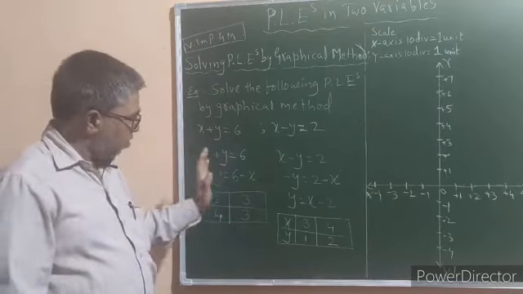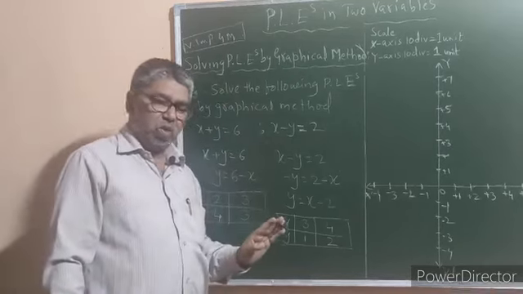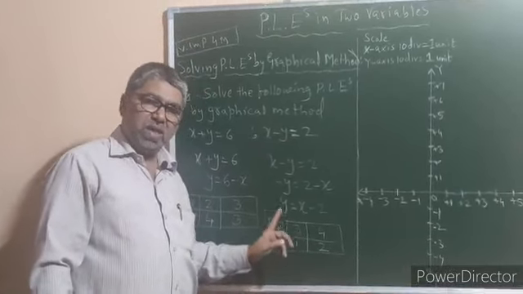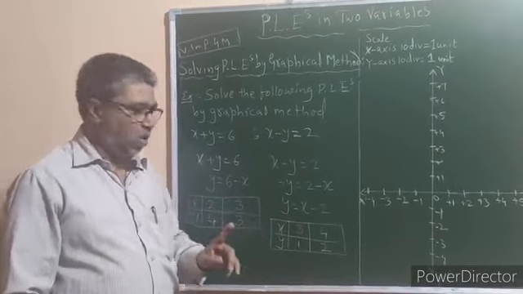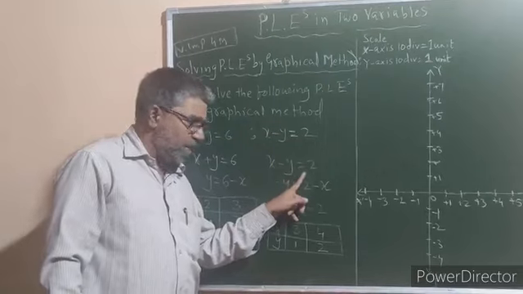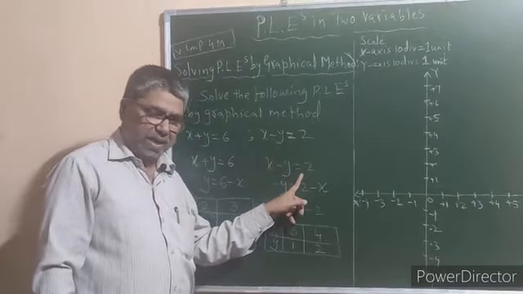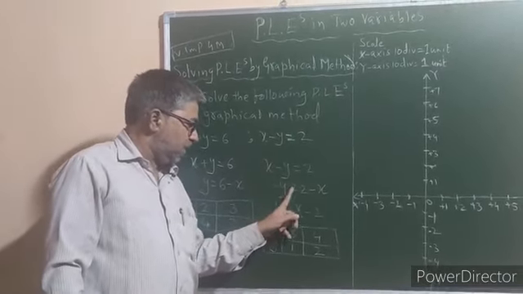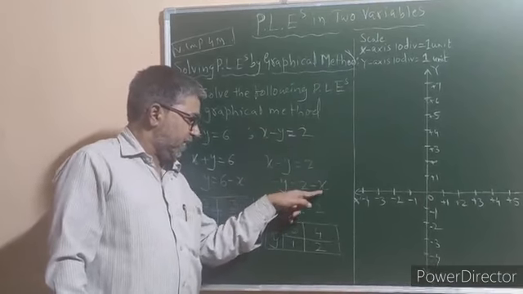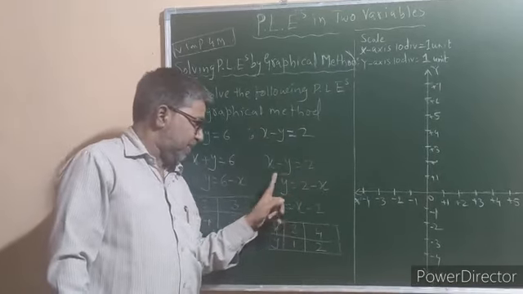Similarly, for the second equation also we have to form the table for the values of x and y. So x minus y is equal to 2 is the second equation. Minus y is equal to 2, shift plus x to that side, you will get minus x.